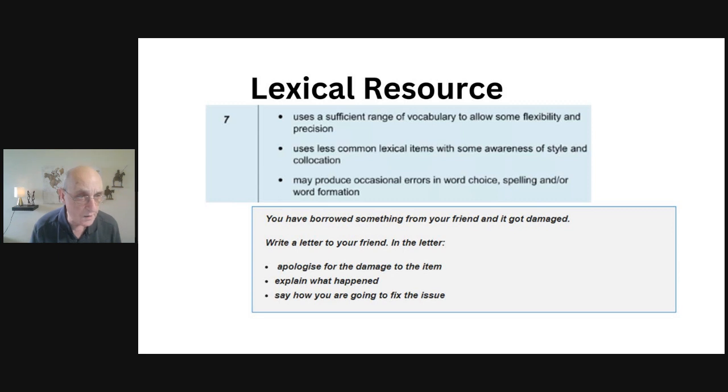So be very careful when it comes to vocabulary. Stay in the range of your vocabulary, your ability to use useful and appropriate vocabulary, where you feel very confident that you're not making a lot of errors, because it's okay to have a few errors in your vocabulary and still reach a band 7.